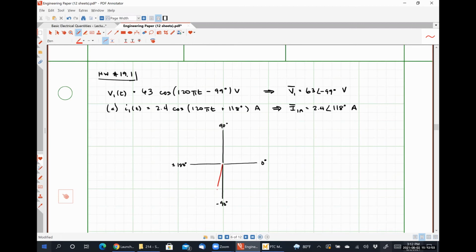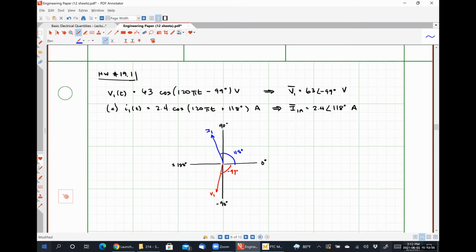It's going to be something like this, where this angle is negative 99 degrees. Let me write that as V1. And then I have my current as 2.4 angle 118. So 118 would be right about here.